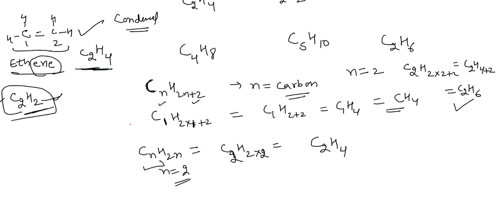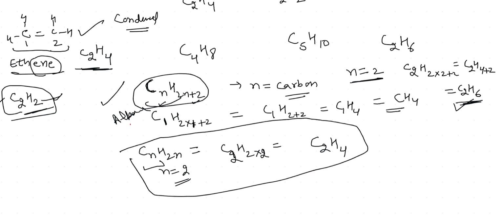See the difference: when the molecule is alkane and you put the value n equal to 2, the formula you get is C2H6. When you are looking for the alkene, the formula you are getting is C2H4. There are two less hydrogen as compared to alkane.